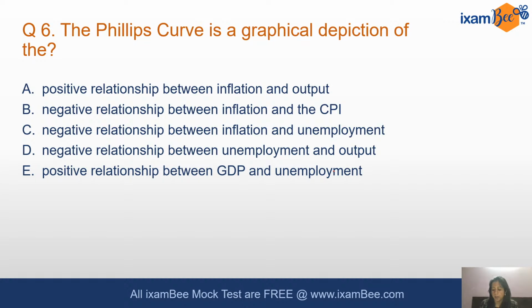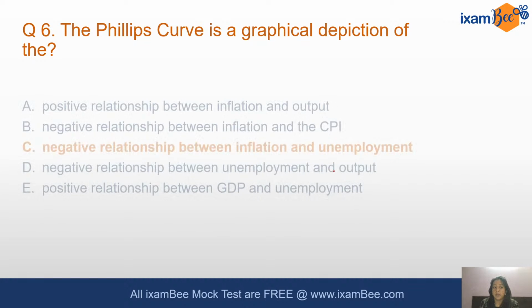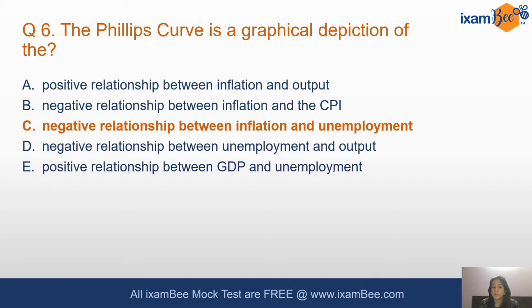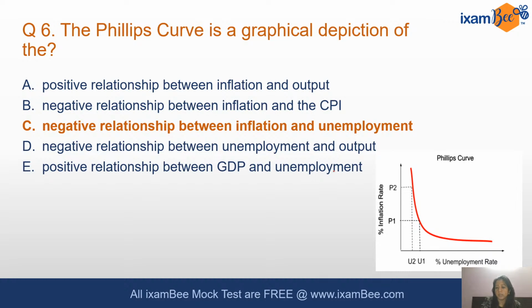Okay, yes. So when we talk about the Phillips curve, there is a trade-off between inflation and unemployment. Meaning if you have to reduce unemployment in an economy, you have to bear some amount of inflation, right? So this is the graphical representation of the Phillips curve.